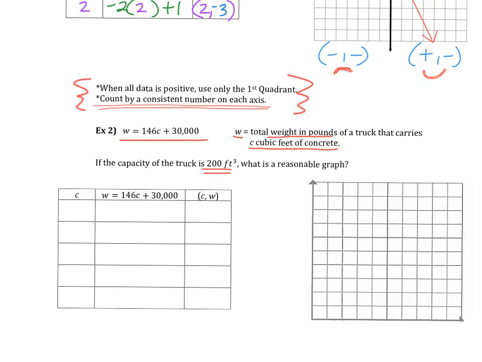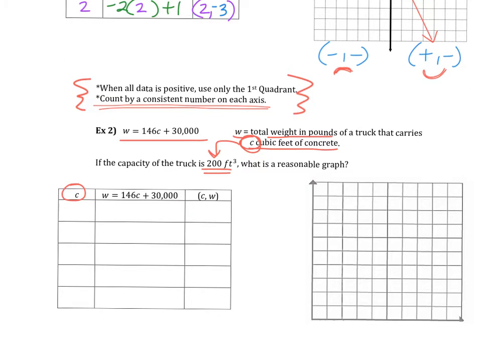Now, think about this. The capacity of the truck, that's your C. How many cubic feet a truck can hold is 200 feet. Is that saying that's the least amount it can hold or the most it can hold? The most. So your X value, which is your C value right now, can't be any higher than 200.